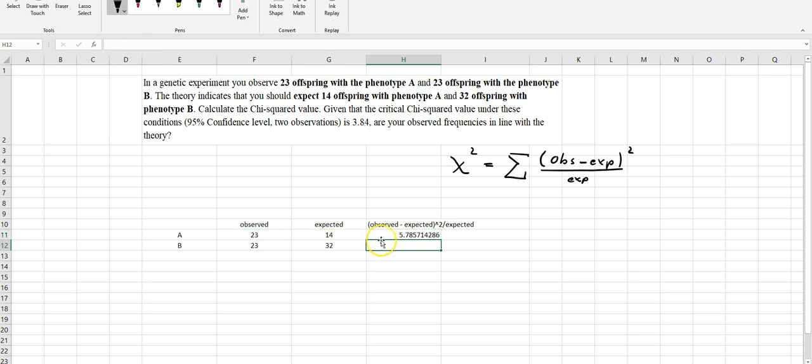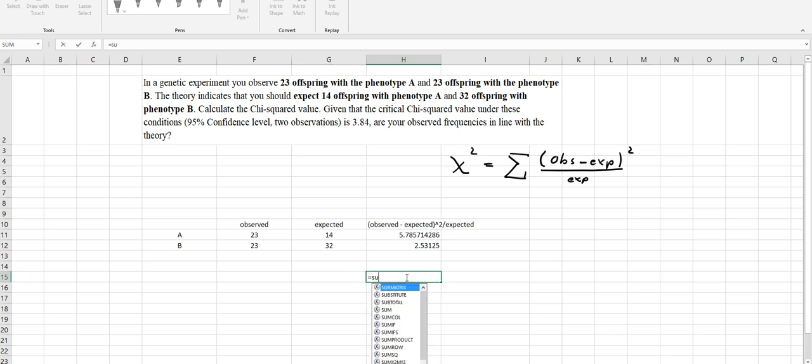Here we get a value of 5.78, and we can simply drag that down and get the same calculation for the phenotype B. So here we have our individual observed minus expected squared divided by expected, and what we can do now is calculate the sum of these two numbers.